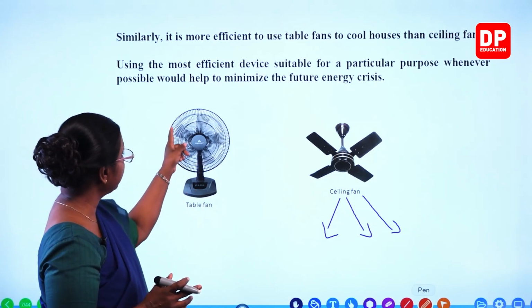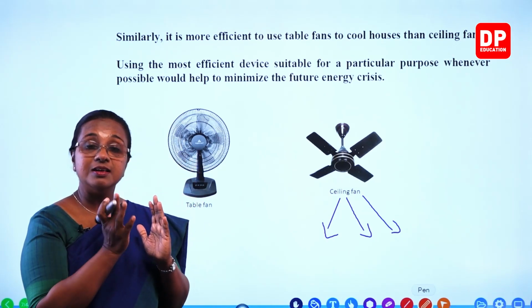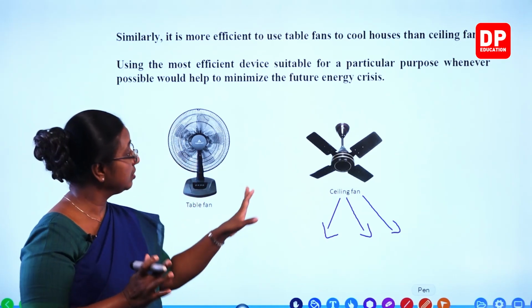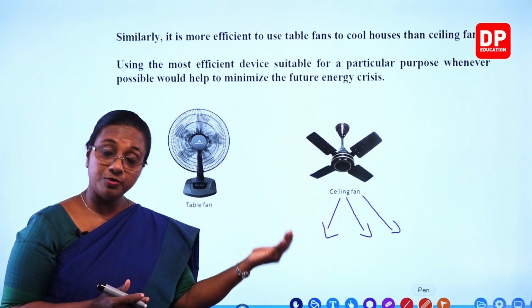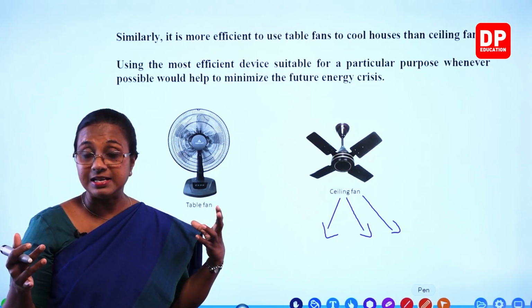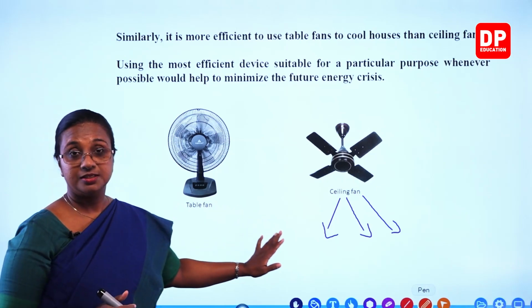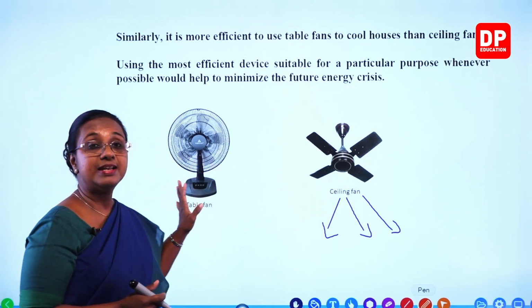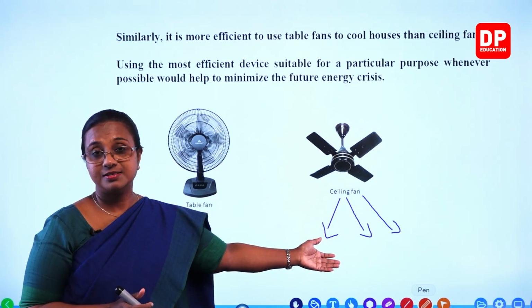And also you are familiar with the blades. The table fan has very light plastic blades. You do get ceiling fans with light plastic blades which are more efficient compared to the old fans which had very heavy blades. But still, because of the way they function, table fans consume less electricity compared to ceiling fans.